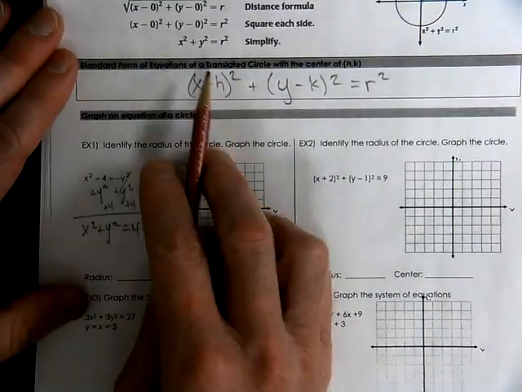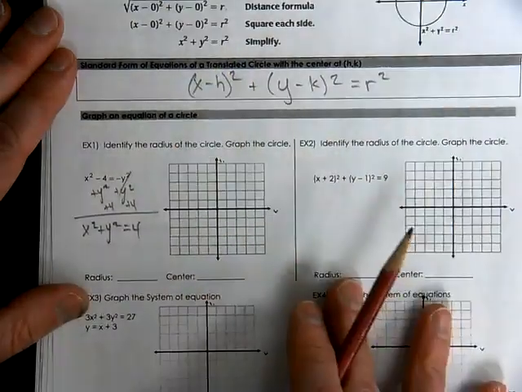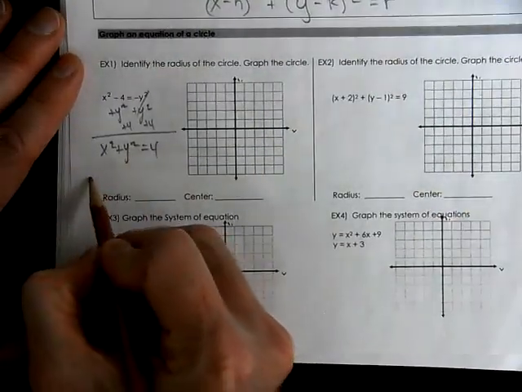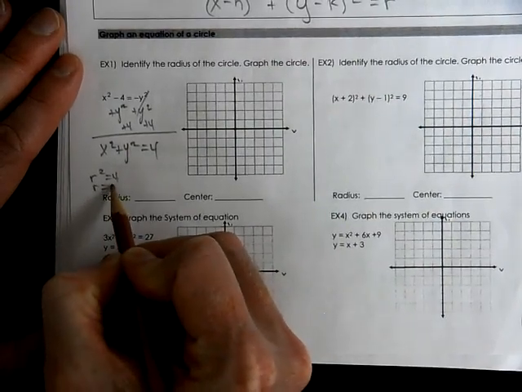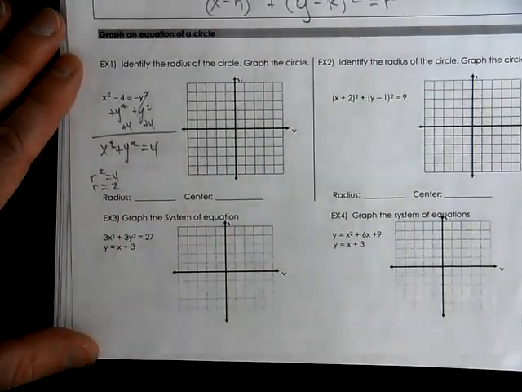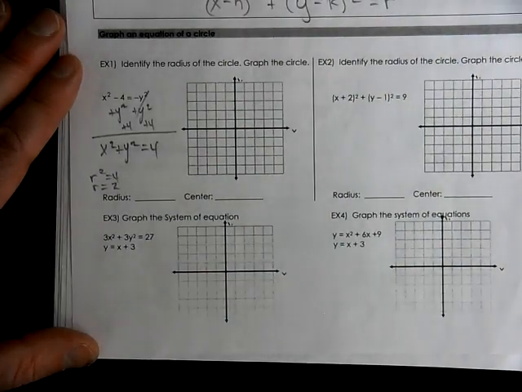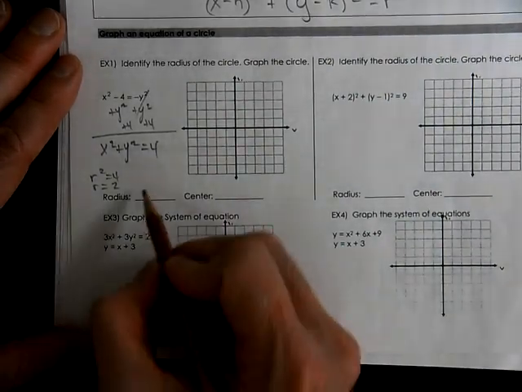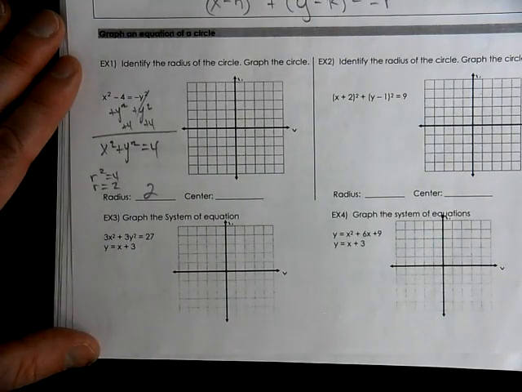The radius squared is the value on the outside of the equal sign. So r squared equals 4. So r is going to be plus or minus 2. We're not going to consider negative 2. We're only going to consider positive 2. So the radius is 2.